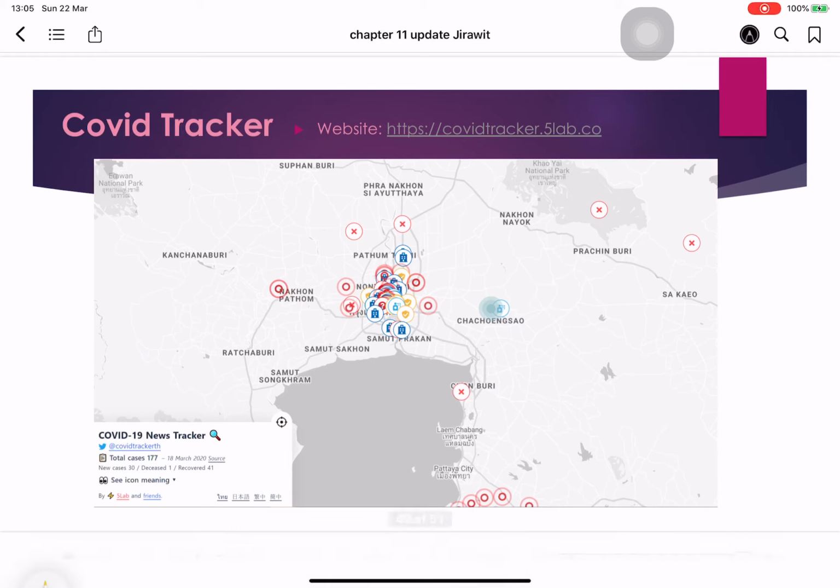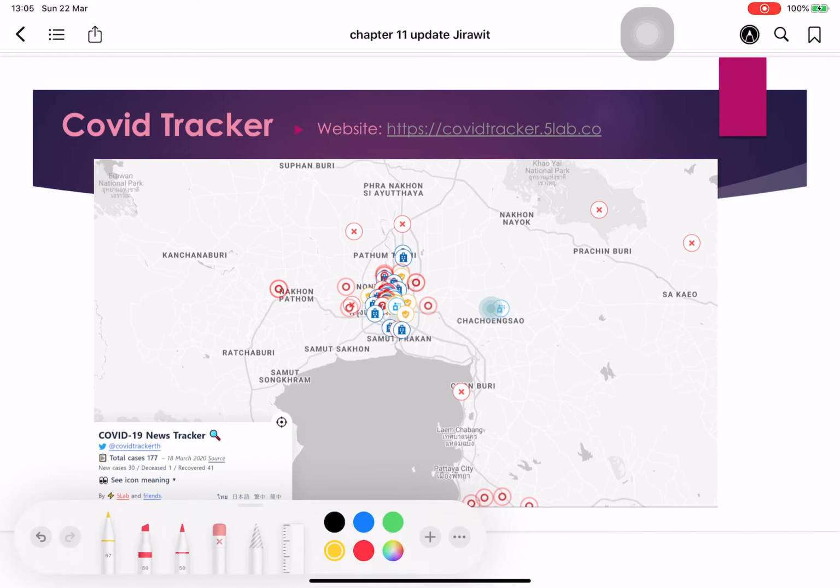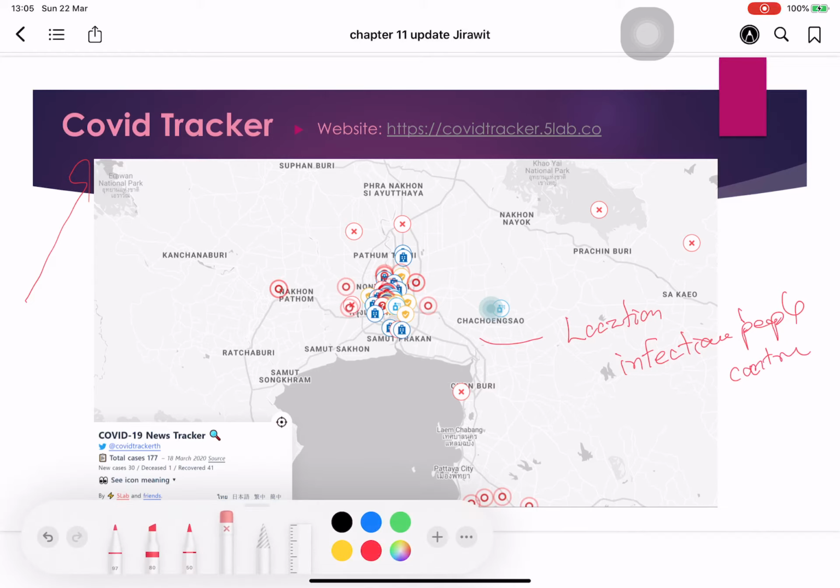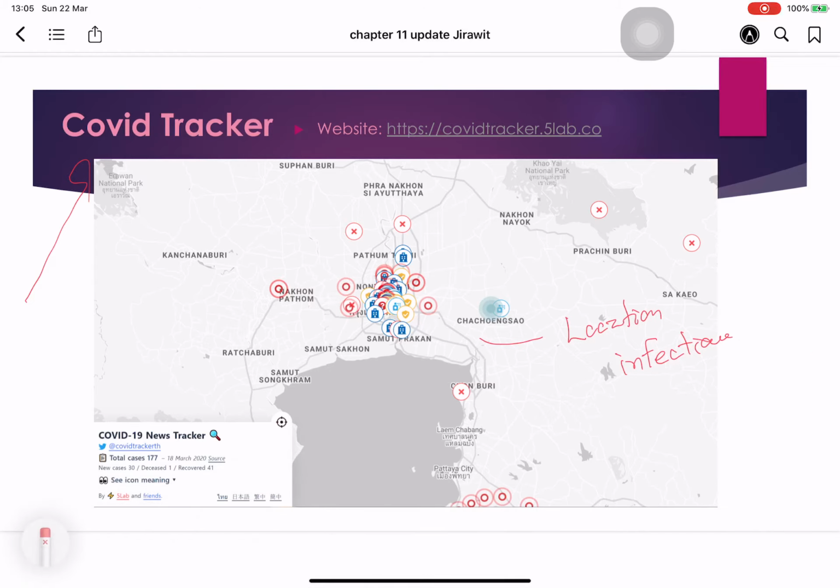This is about the COVID-19 tracker, right? You can see the location of infections, people or country. Sorry, my handwriting is terrible.